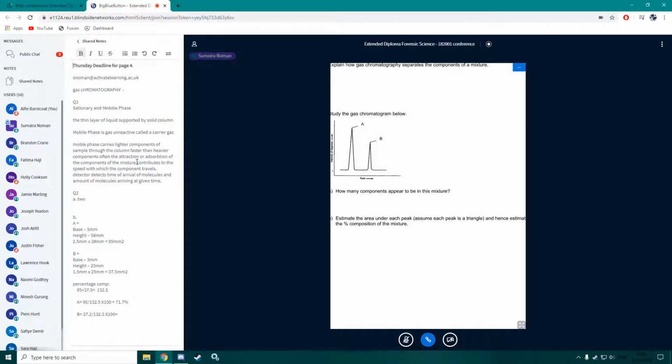Yep, 28.3. Okay, so that would be our percentage composition. So if we had 1 gram, 71.7% of that 1 gram, or 0.717 grams, will be made of A, and the rest of it would be made of B. So if it's just got 2 components.